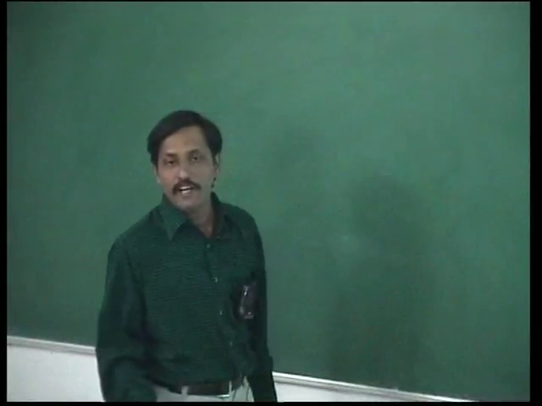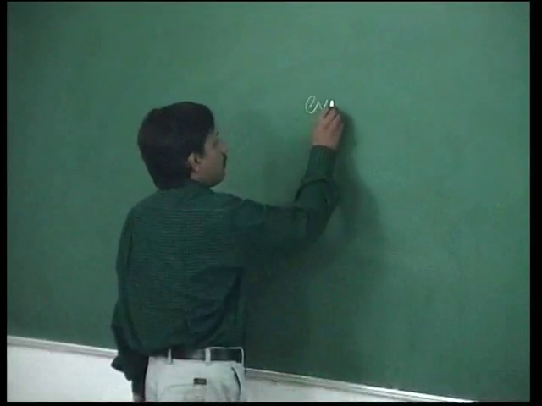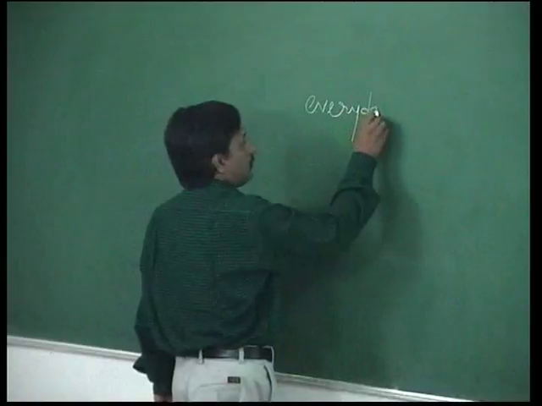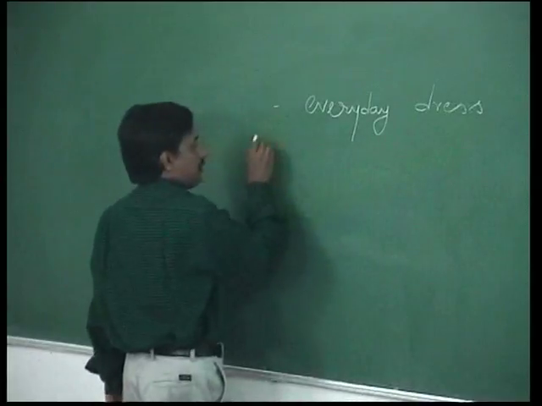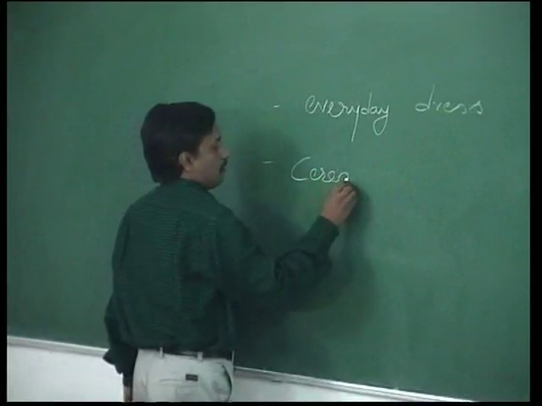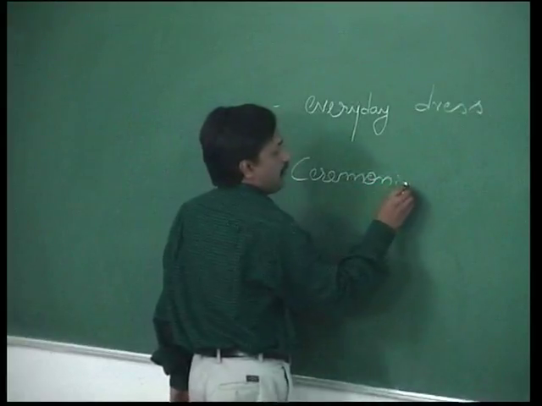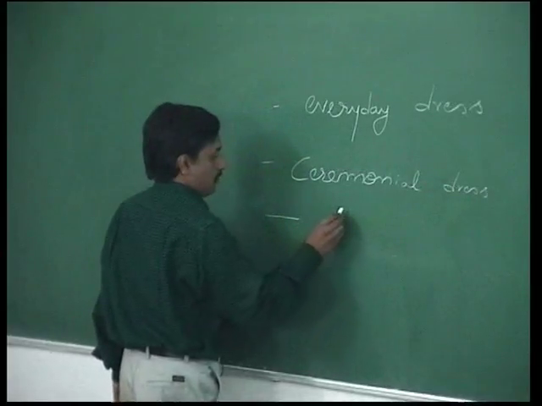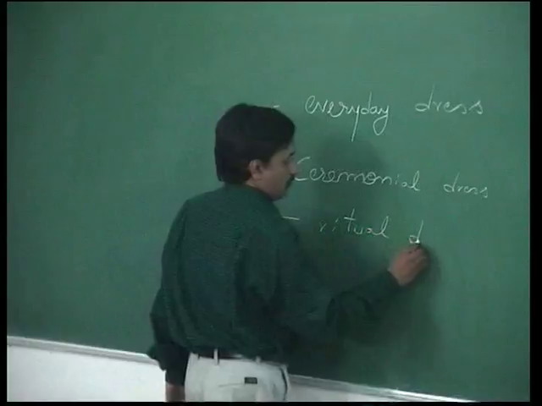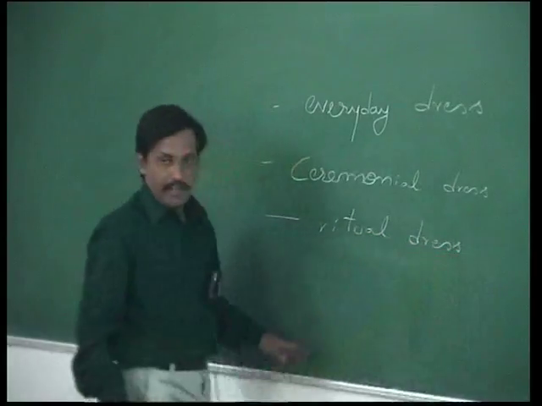So, how do we understand this? To understand this, when we approach Indian dress, in addition to the above mentioned criteria, we also have different criteria, that is everyday dress, then we have ceremonial dress, and we have ritual dress.